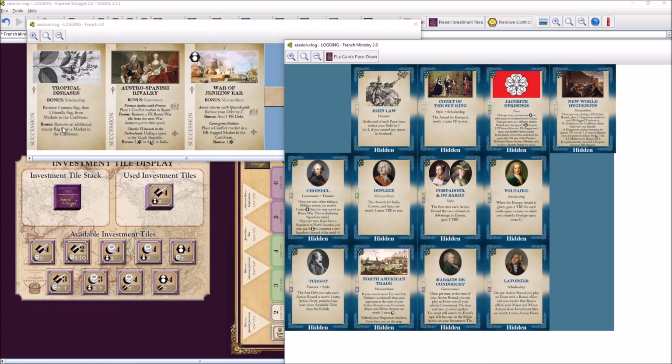I will not be actually choosing the ministry card which will go with this. I will play the Jacobites. Jacobites is a special event. Jacobite uprising is a special ministry card for French, which allows them actually to collect pretty extensive amount of points.